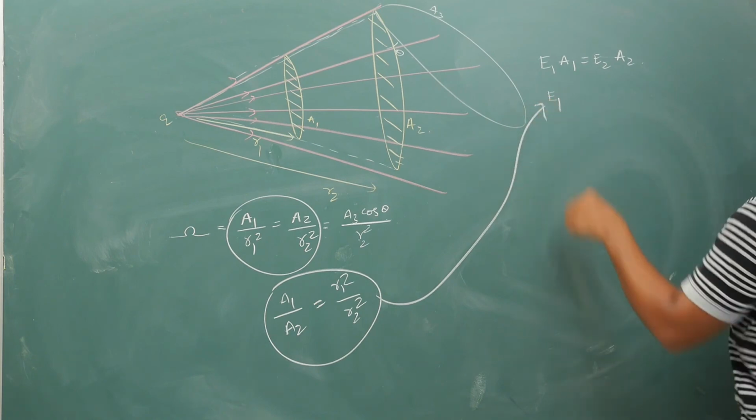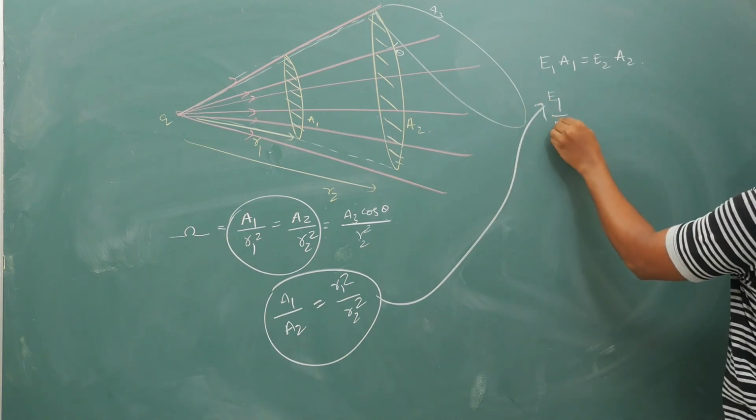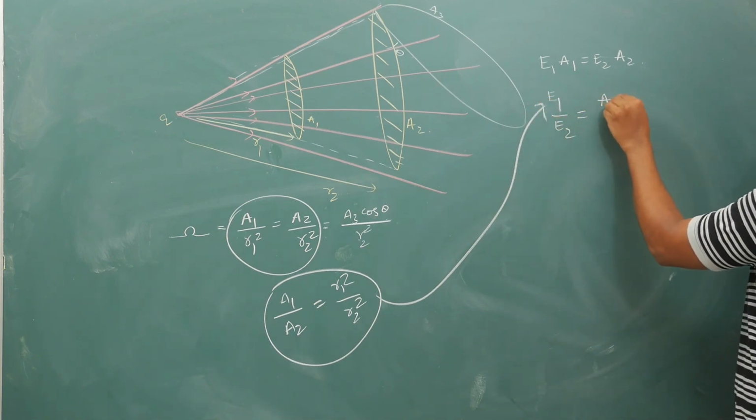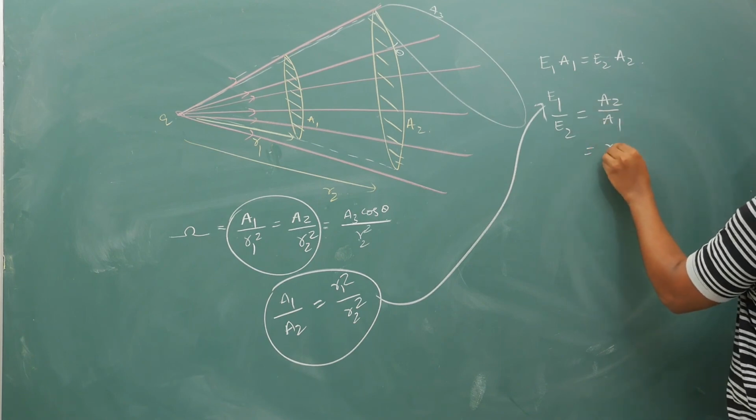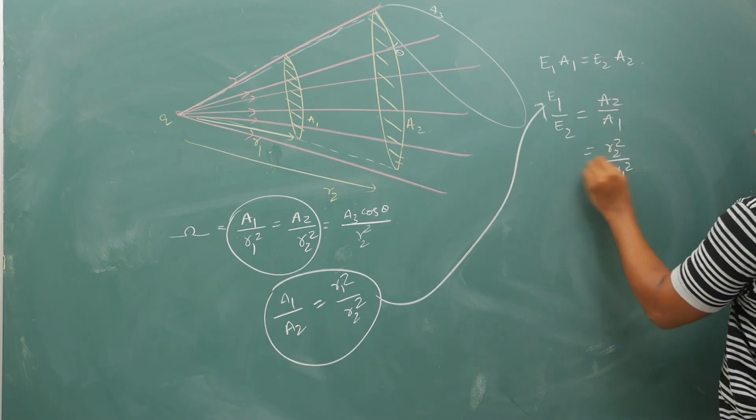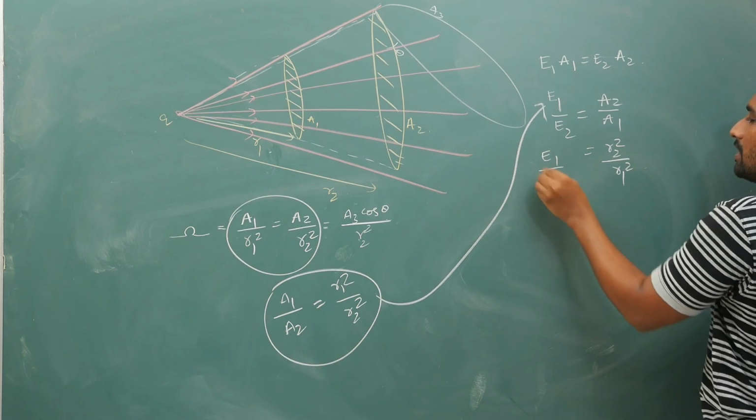Substituting this back, you get E1 by E2 equal to A2 by A1, which is equal to R2 square by R1 square.